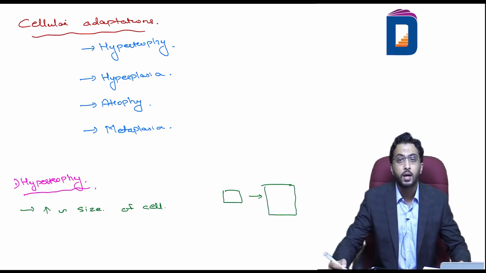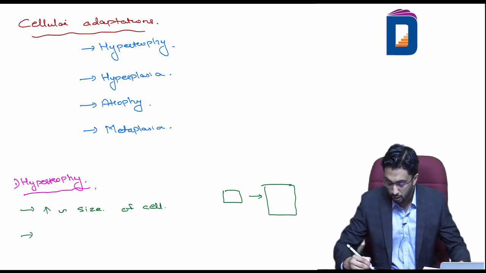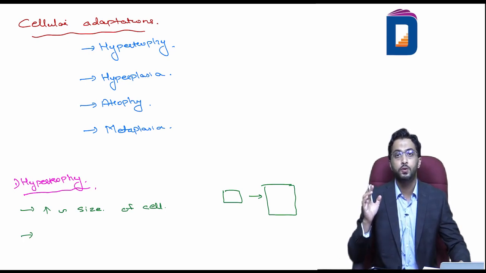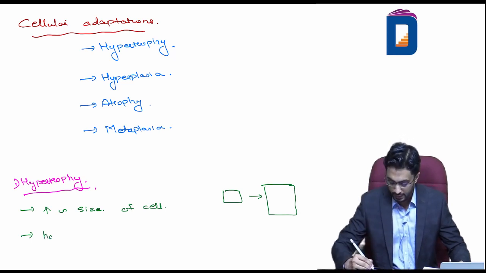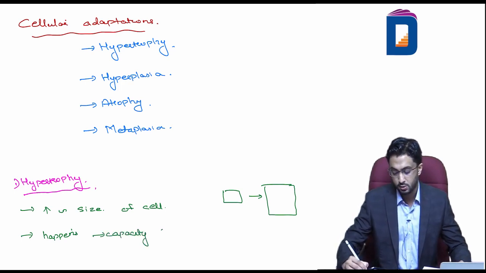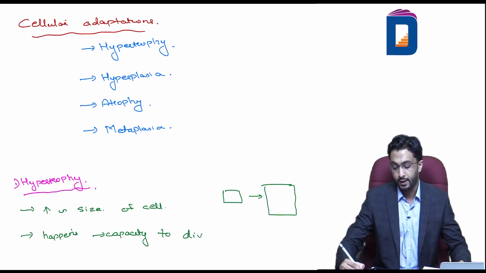Now another very important characteristic of hypertrophy is that this happens in those cells which don't have much capacity to divide. That's very important. Why am I saying this?